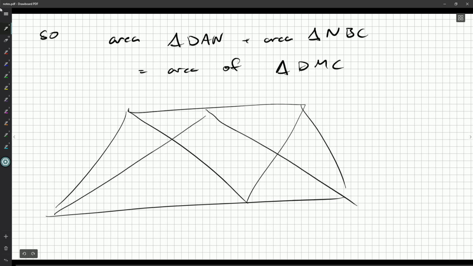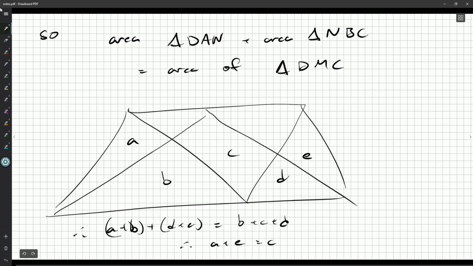So we could say this was A, B, C, D, E. So A plus B plus D plus E is the same as B plus C plus D. And so A plus E is the same as C. But A is a triangle, what was it, DAP. E is triangle CBQ.